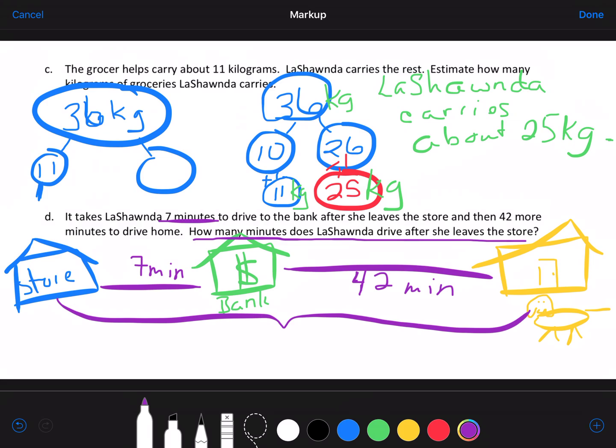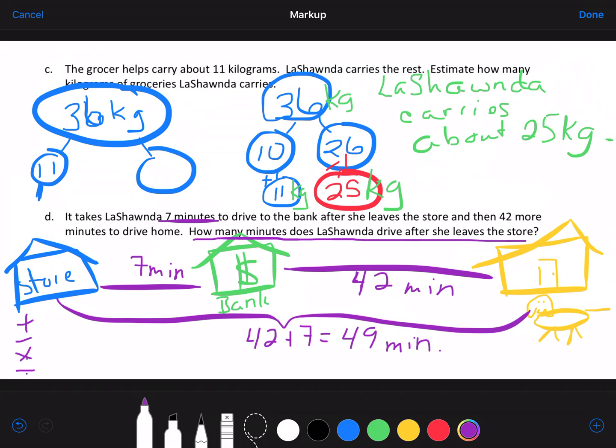To her house. So you have to think through, and third graders know a lot of stuff. So third graders have to think, am I going to add, subtract, multiply, or divide, right? And so here we're going to add 42 plus 7, which equals 49, and then make sure you write minutes.